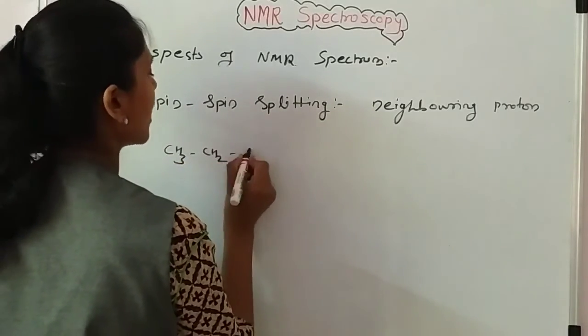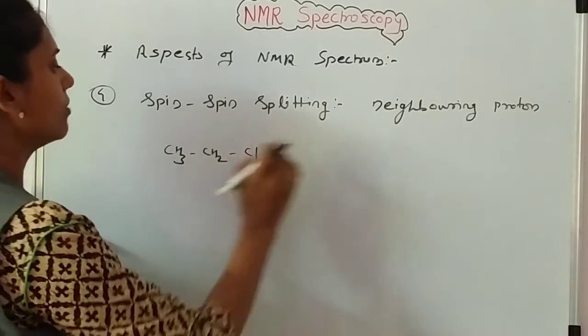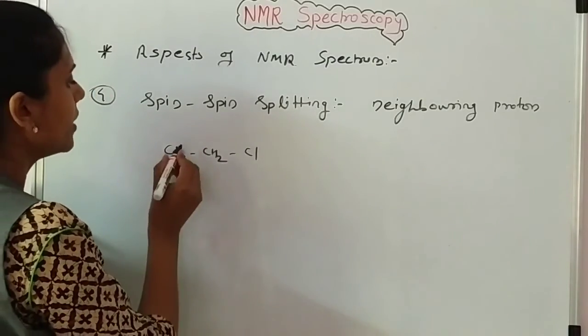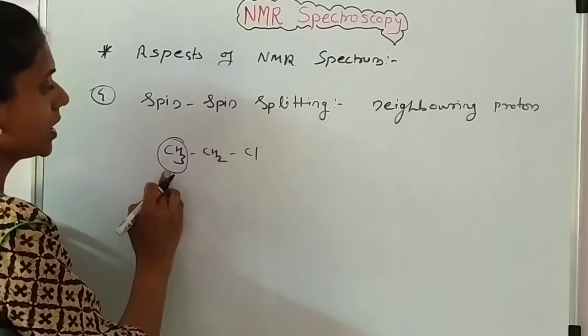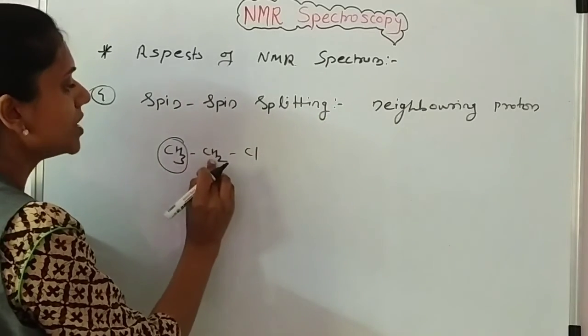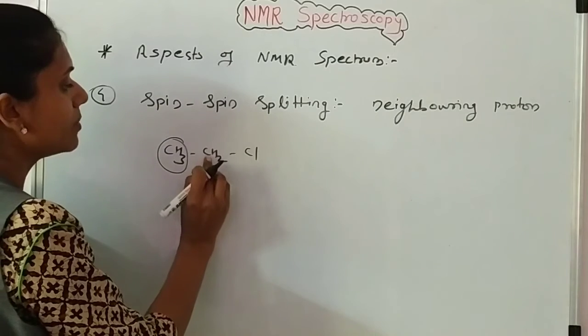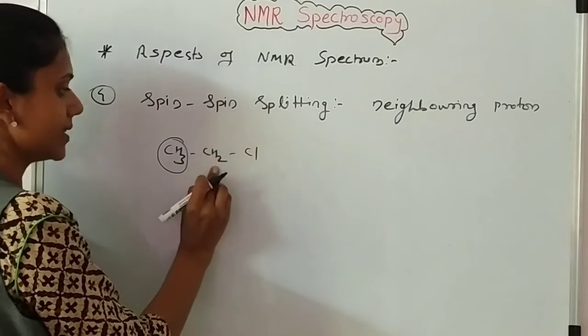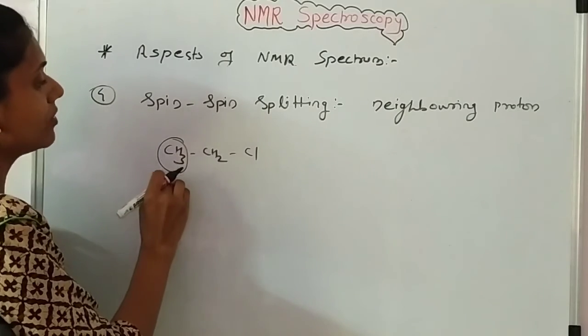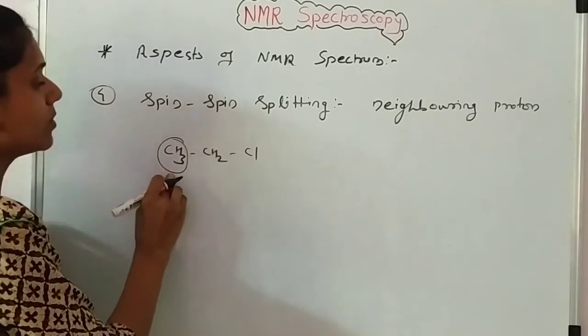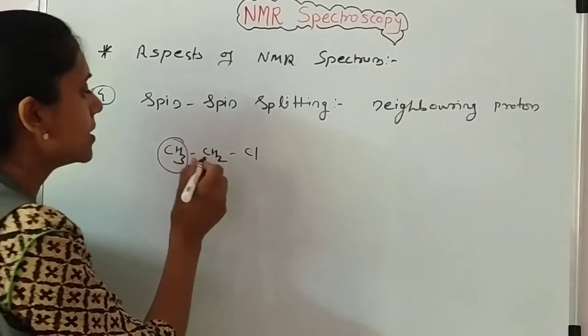CH3, CH2, again a Cl. Okay. Now, when I do the spin splitting, the environment of the CH2 group, that is, how many neighboring protons there are, is most important for the splitting of this signal.